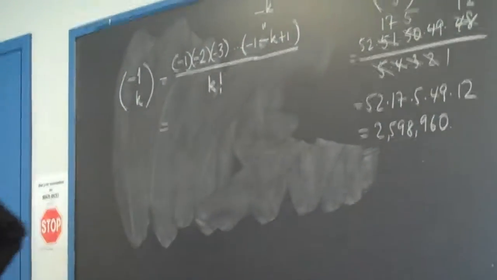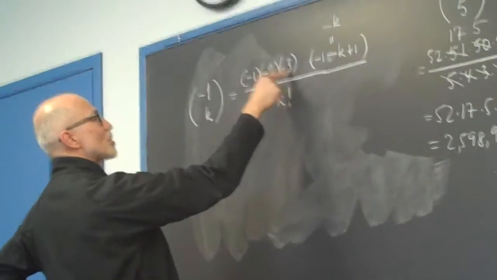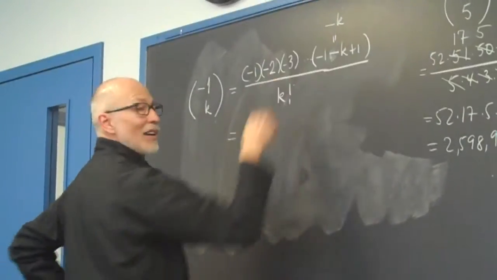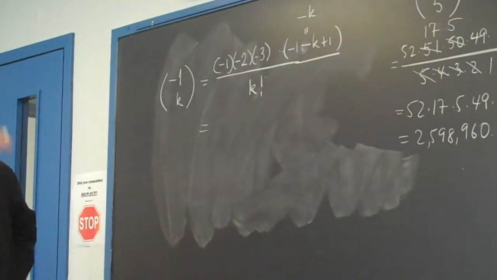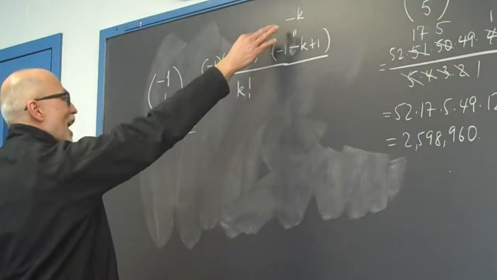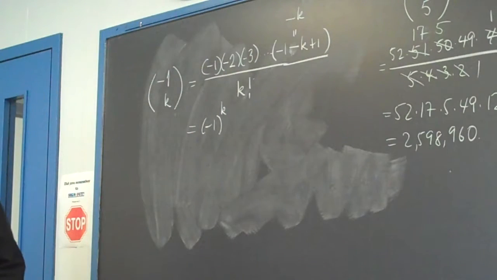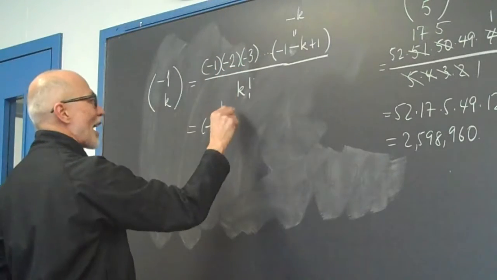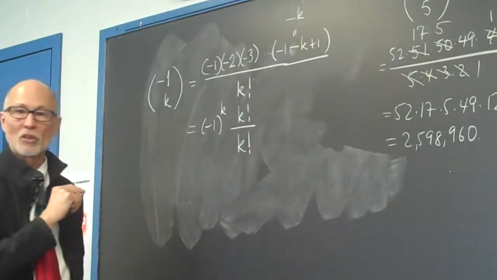Minus k, right? Minus 1, minus 2, minus 3 on up to minus k is just a bunch of minuses times 1 times 2 times 3. So on the top here, I have k minuses, and then I also have k factorial, divided by k factorial.